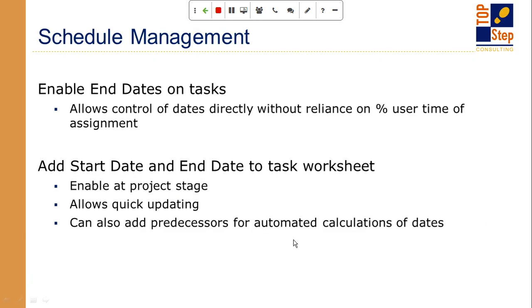The other tip is, as with anything, you want the ability to do mass updates, not just one by one. The worst thing you could do is force people to click on the name of the task and update 15 tasks by clicking each one open and then editing the dates. So our suggestion is to use the worksheet, or the grid as it's known in some systems, and add that start and end date in there so that you can use that Excel look and feel to update those dates.